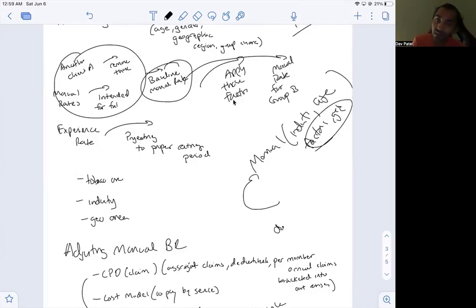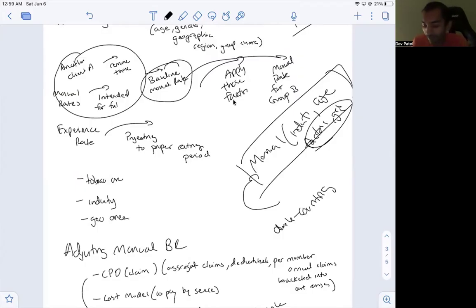So you don't want to be double counting or having the effect of, let's say, geography twice, or any of these rating variables. You don't want to double the effect of that into your manual rate. So that could come up as a possible trap of having a manual rate where you've already included these factors, but then you also don't want to add the same effect onto it again.